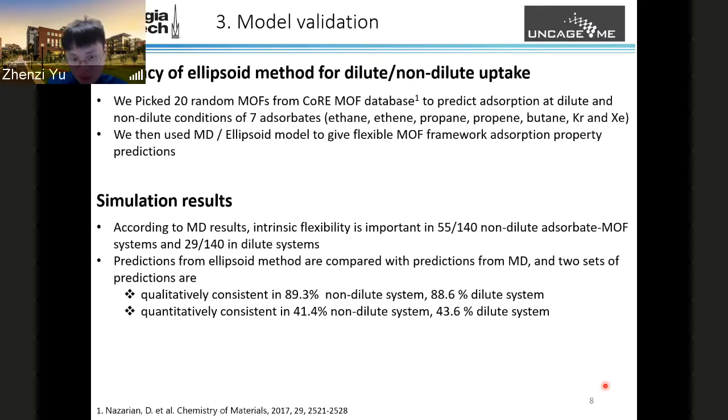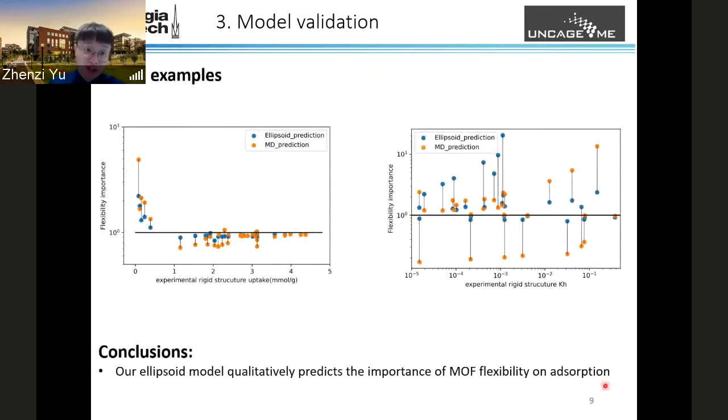Let me discuss this consistency in my next slides. I just picked 5 MOFs as examples to show what is happening there. The left figure is the non-dilute systems.